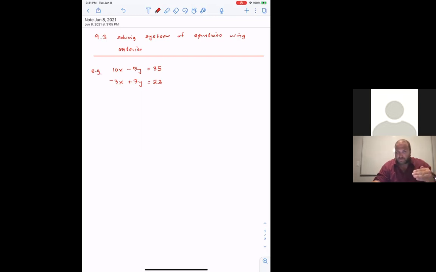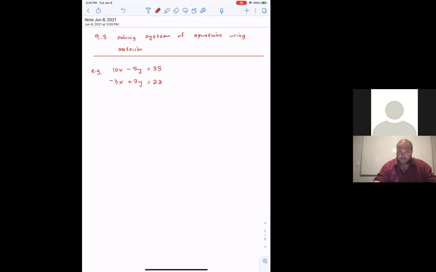A certain number of equations with an equal number of unknowns. Two equations with two unknowns, three equations with three unknowns, four with four, and so on. How do we solve this? We're looking for a pair of numbers, one for x, one for y, that makes both of these equations true at the same time.